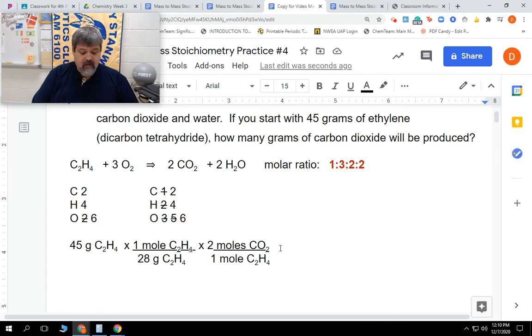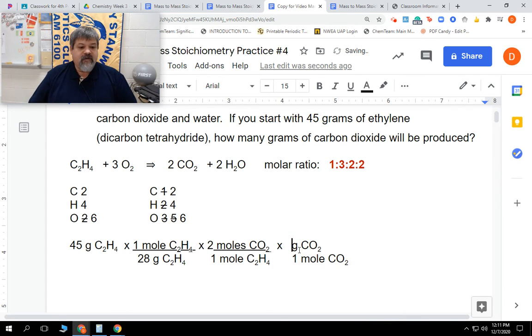We're going to go ahead and put our times in a line. And what are we going to put on bottom? On top, we're going to put grams of CO2. And that's equal to 1 mole of CO2.